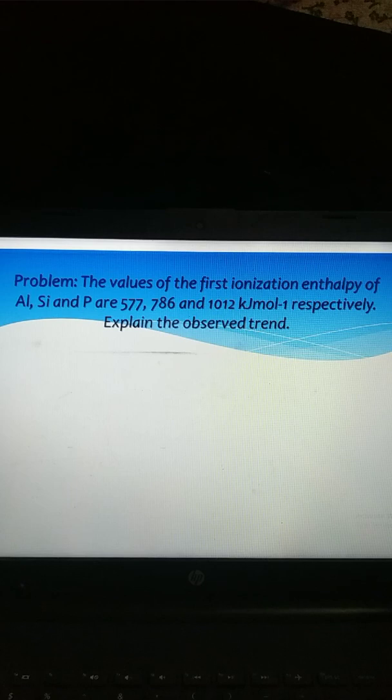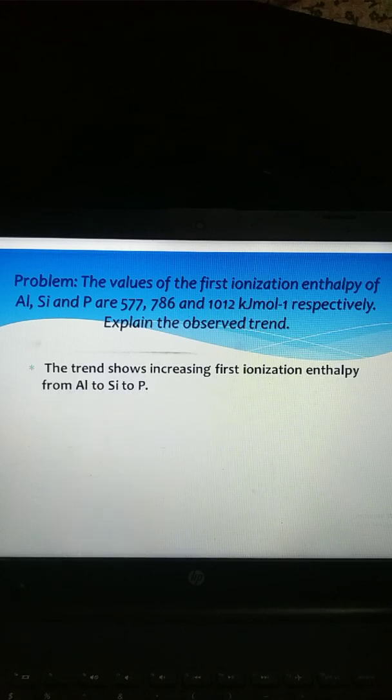The trend shows increasing first ionization enthalpy as you go from aluminium to phosphorus. The lowest enthalpy is 577, that of aluminium, and the largest is of phosphorus, that is 1012 kilojoule per mole.